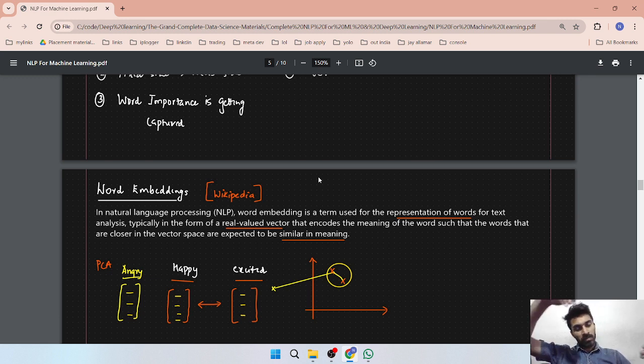For king, we give man a value of 0.9, and the values range from -1 to 1. Then for queen, we will give man a negative value, and woman a higher value like 0.9. And for royal, we again give a value like 0.8. We give values like this so that our semantic meaning will be captured in a vector space.